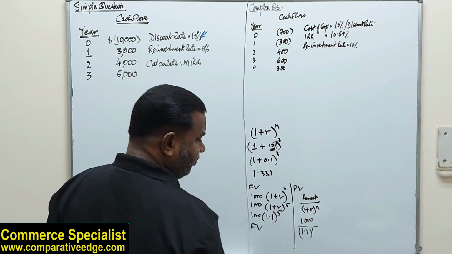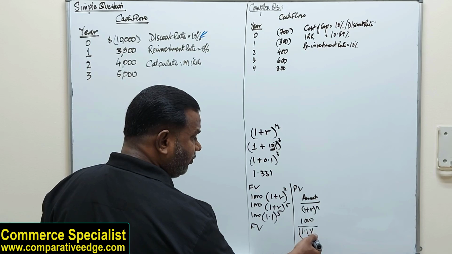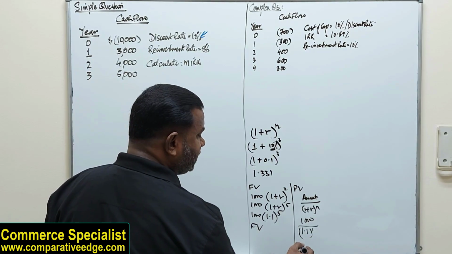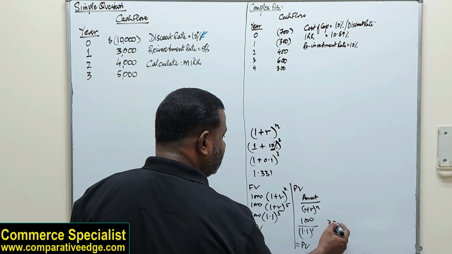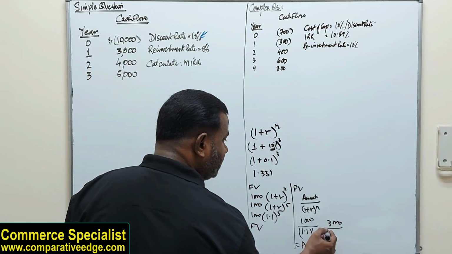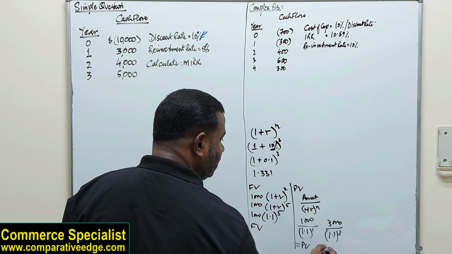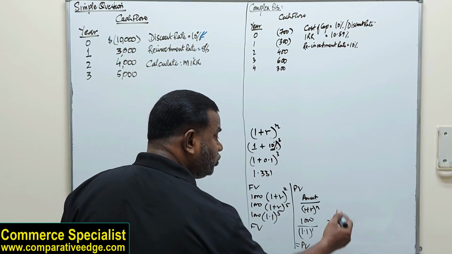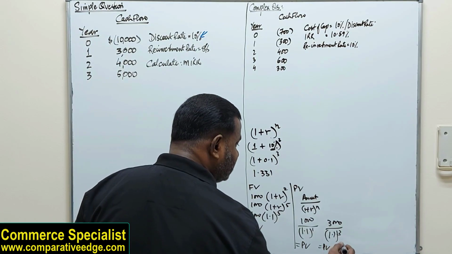So this 1000, if you're getting after 1 year, you divide it by 1.1 to get its present value. Likewise, let's say you're getting an amount 3000 after 3 years, but you want to know the present value. So what you do is, you divide it by 1.1 power 3. When you divide, you will get the present value of this 3000 which you are going to get after 3 years. What is the value today? That is the present value.